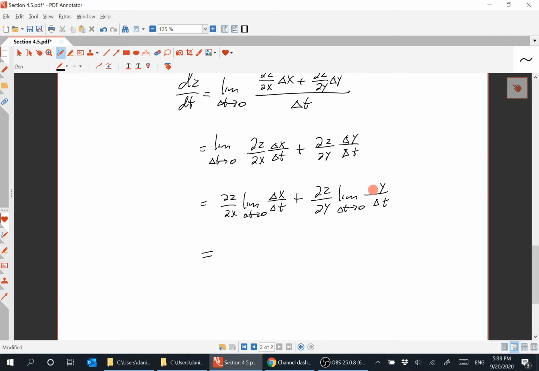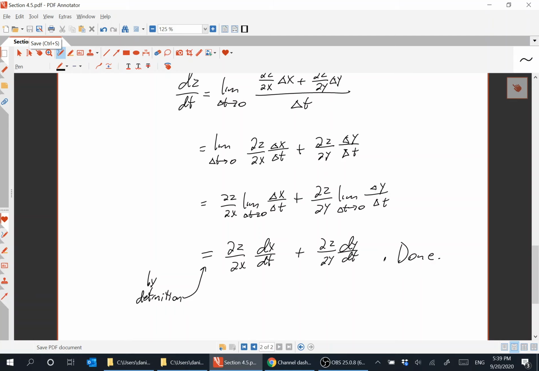And the corresponding change in y, given the small change in t as the change in t goes to 0, is, by definition, dy/dt. So this is, by definition, dz/dx dx/dt plus dz/dy dy/dt.